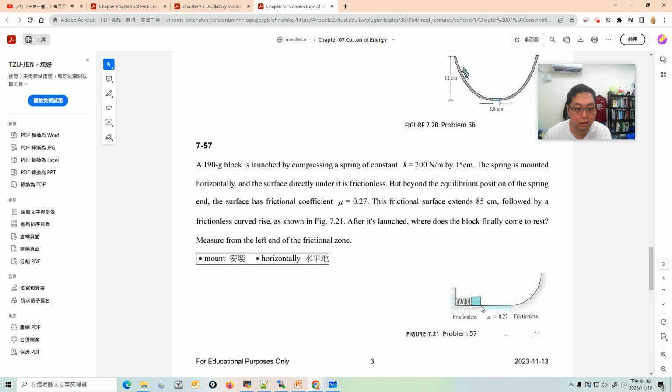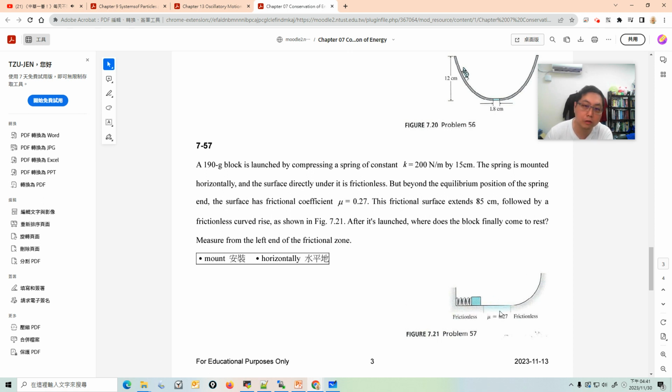It just bounces directly back to the rough surface again and goes up the curve, comes back to the horizontal surface, hits the spring, and bounces back to the curved surface, doing a back and forth motion. Finally it will stop right here.